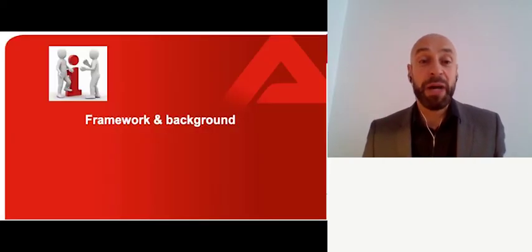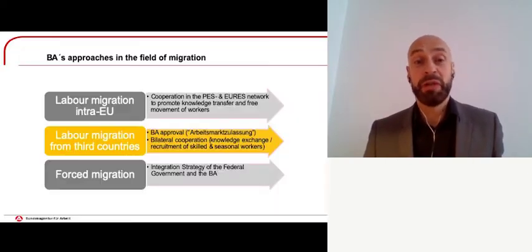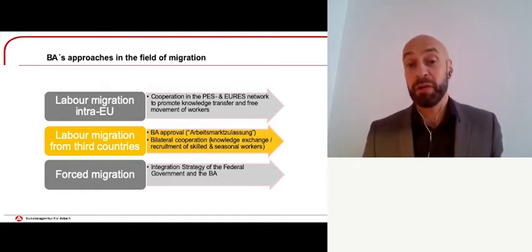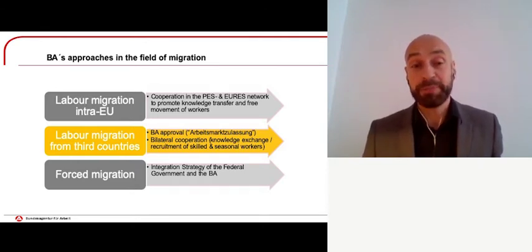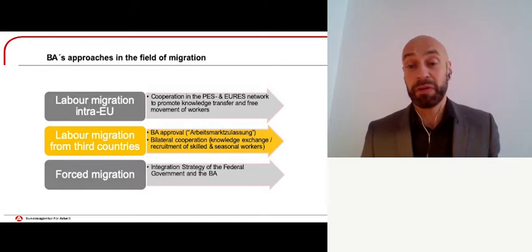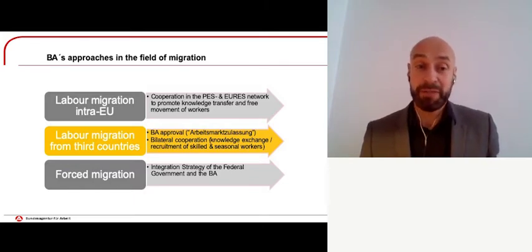So I will shortly introduce the framework. First of all, as a European country, we work closely in the field of labor migration with our European partner Public Employment Services in the EURES network. This is a very important cornerstone of our migration strategy.